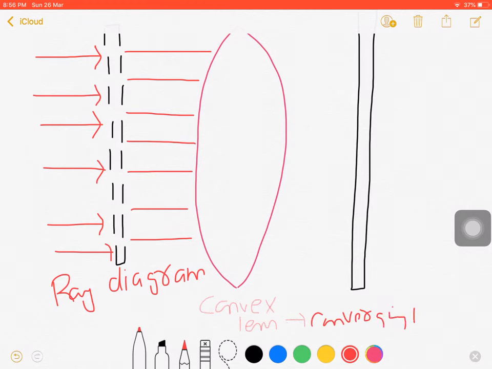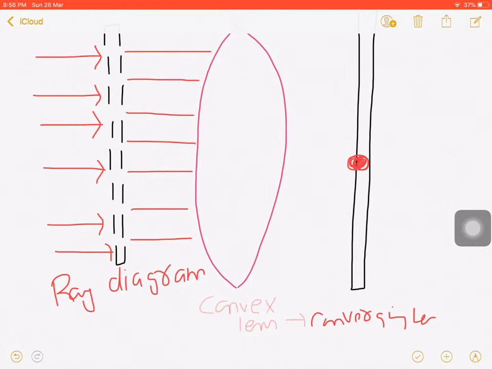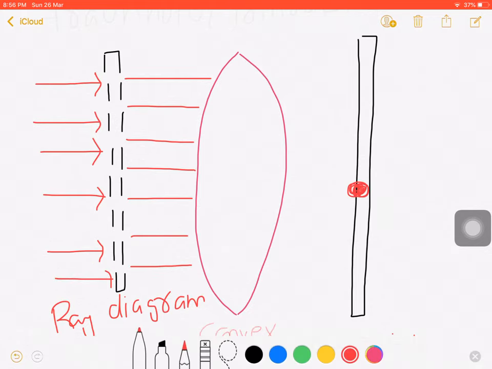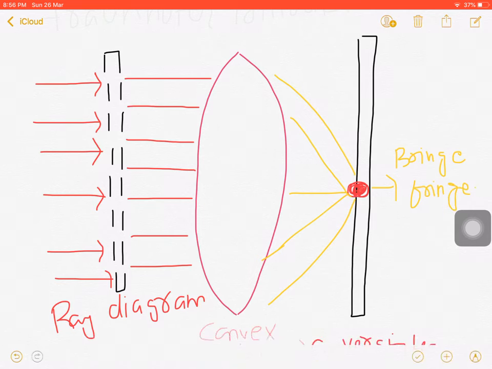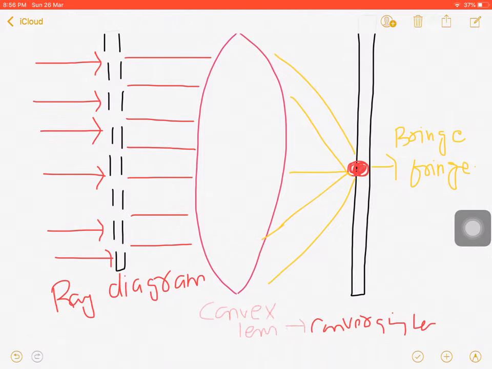Basically it will focus all the light at this position, and a bright fringe will form over here, right?